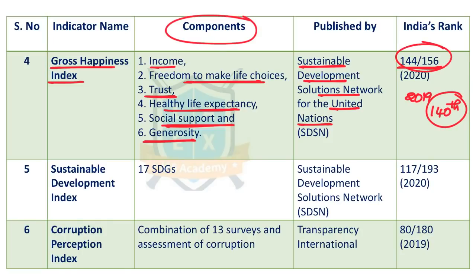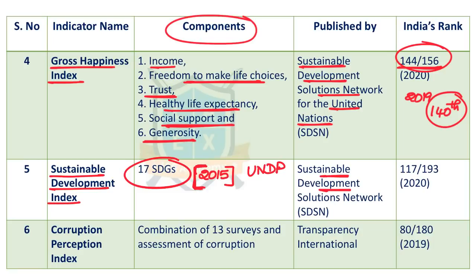Gross Happiness Index. Now, Sustainable Development Index, there are 17 sustainable developmental goals under UNDP. These 17 sustainable developmental goals were adopted in the year 2015. So to calculate and to compare how many countries reached which of the goals, under UN there is a network called Sustainable Development Solutions Network.